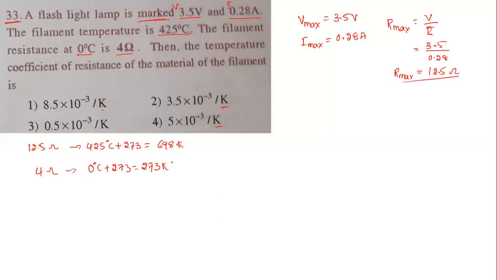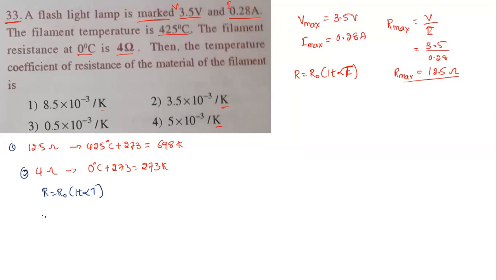Now we go for a formula, like yesterday, what we were using. The formula is R equal to R naught into 1 plus alpha T, where T is the temperature, let's say capital T. The same formula we are going to use here. This is the first case, this is the second case.